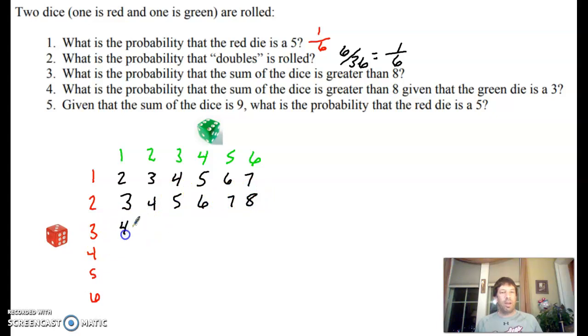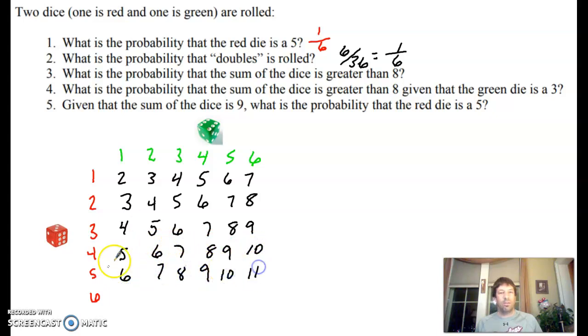And then we can see the pattern here. 4, 5, 6, 7, 8, 9. 5, 6, 7, 8, 9, 10. 6, 7, 8, 9, 10, 11. And 7, 8, 9, 10, 11, and 12.